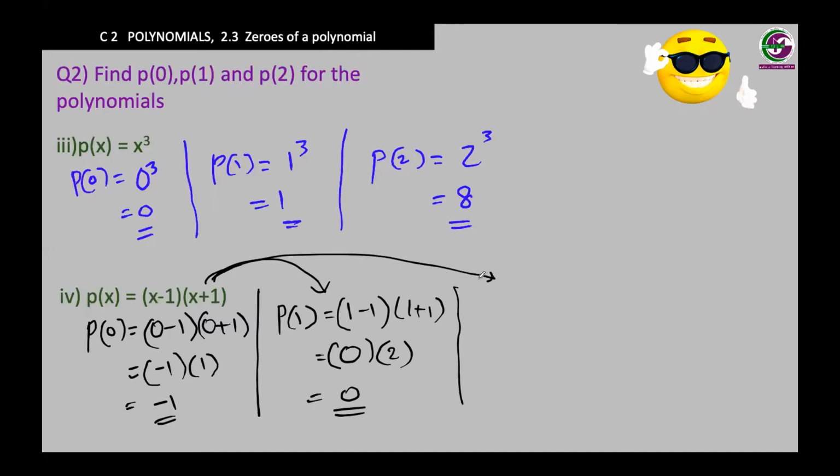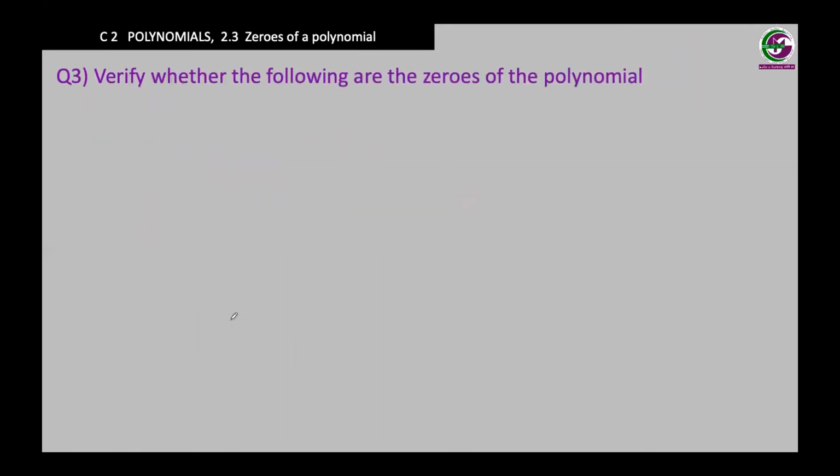Now let us replace by 2. P(2) is equal to (2 − 1)(2 + 1), which is equal to 1 times 3. 1 times 3 is 3. So these are the three values of (x − 1)(x + 1) when you replace 0, 1 and 2.